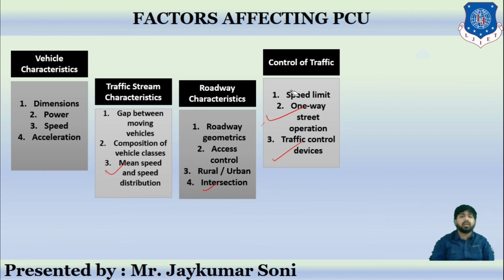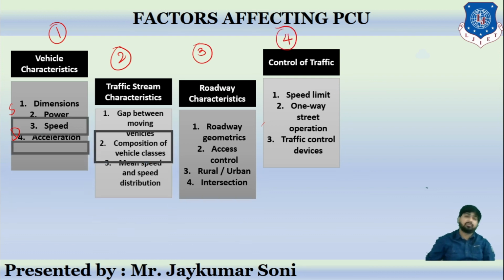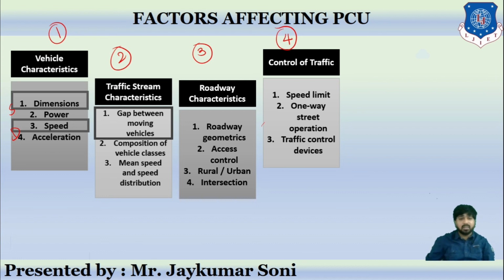Major, there are four categories of factors: vehicle characteristics that involve both static and dynamic, then traffic stream characteristics, then roadway characteristics, and then traffic control characteristics. Out of all this, the dimension, speed, and gap between moving vehicles play an important role.